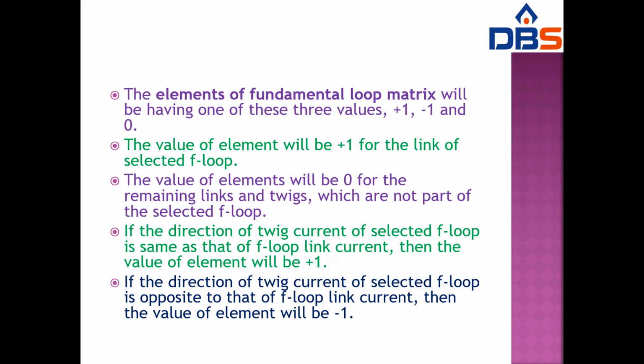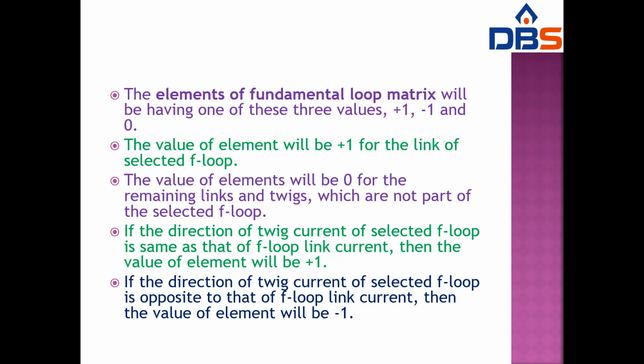For the tie-set matrix, what we do is frame one loop. In the network there may be one loop, 2 loops or 3 loops. In one loop, whatever the link direction is, the link direction and loop direction will be the same.